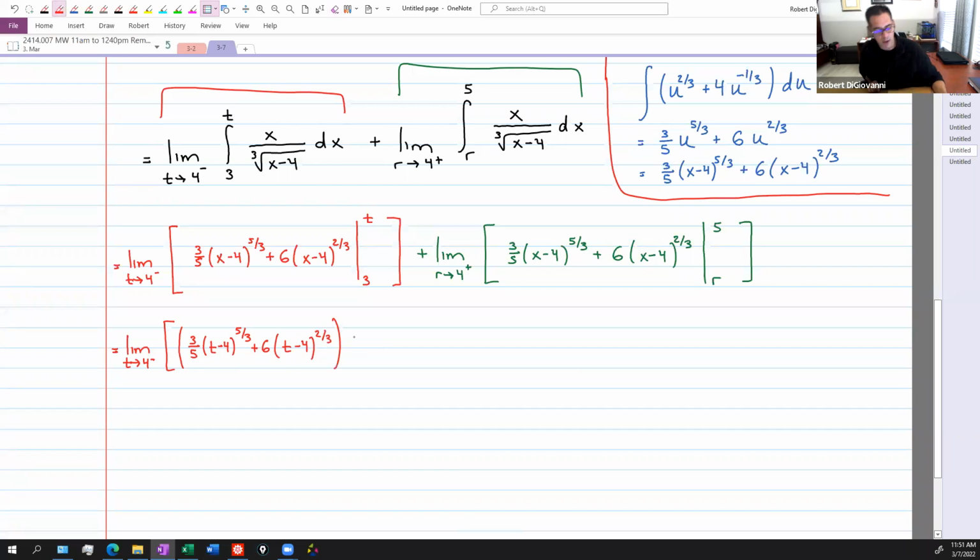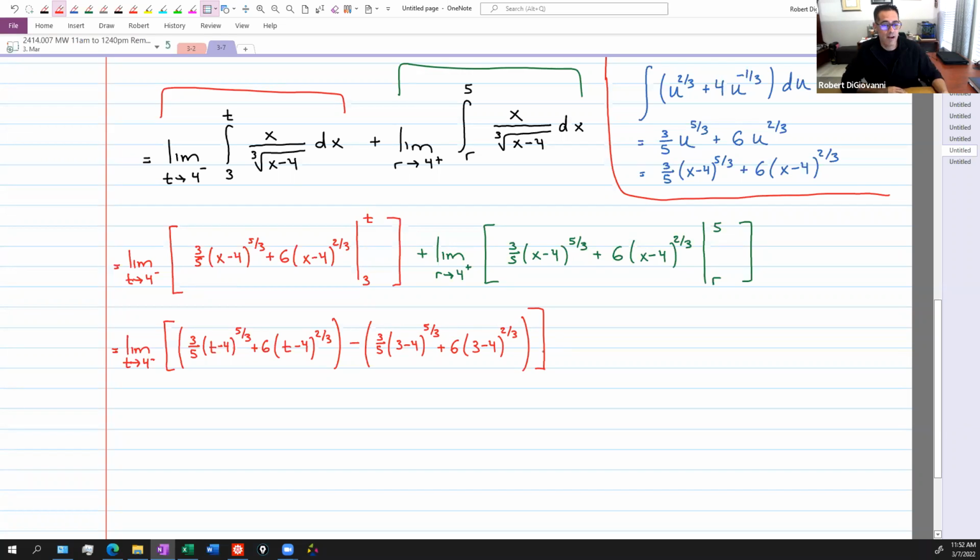And then minus, now I need to plug in 3, so 3/5 (3 minus 4) to the 5/3 plus 6 (3 minus 4) to the 2/3. That is done.